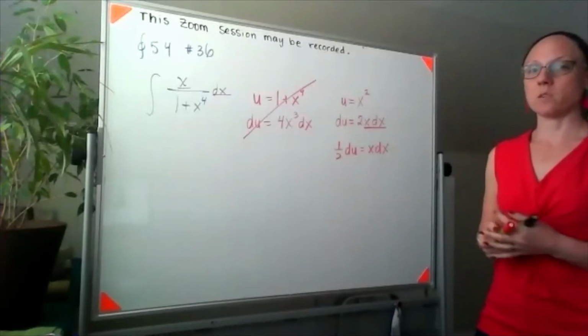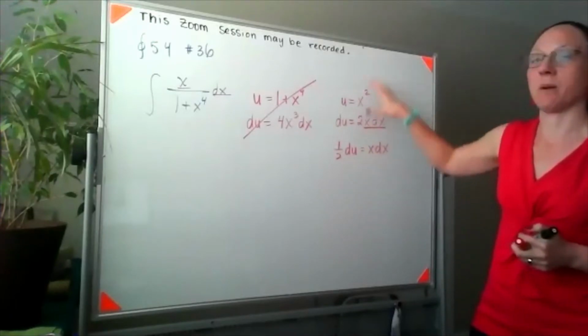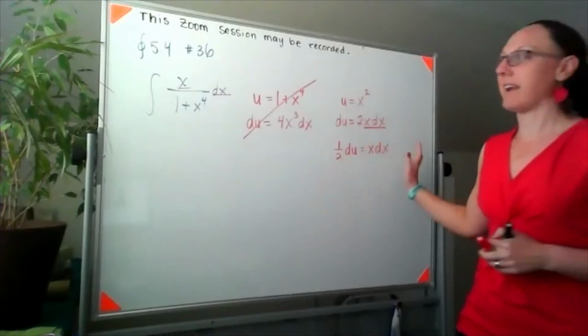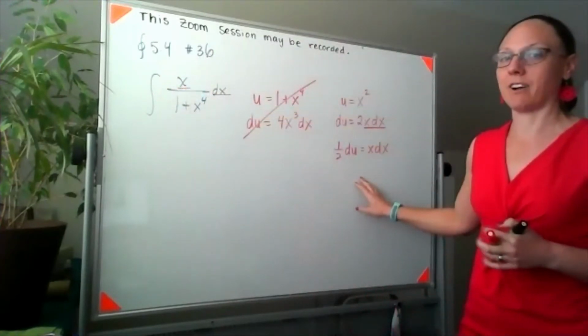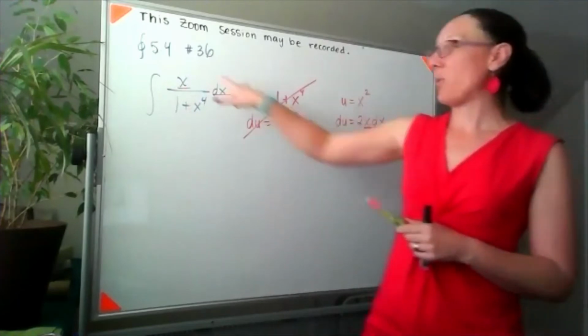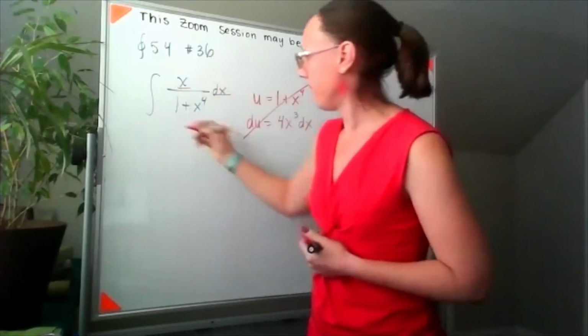When I'm doing u substitutions, I'm thinking about this as my vocabulary list. And I now have to translate the original problem using this vocabulary list. I know how to translate the x dx.